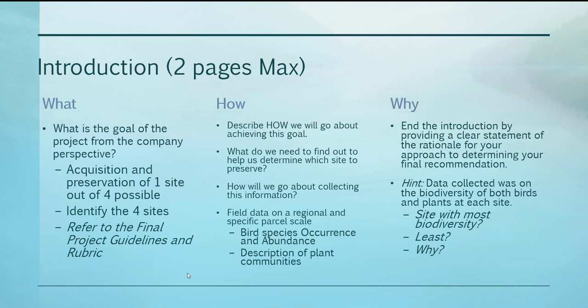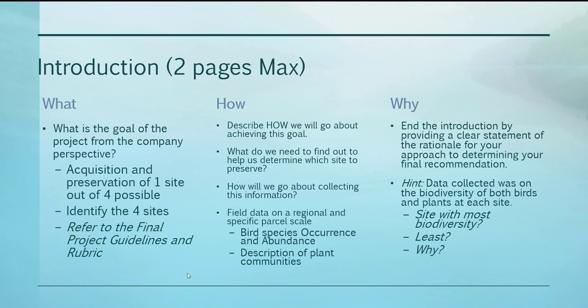Starting with the what: what is the goal of the project from the company perspective? If you take a look at the final project guidelines and rubric, you'll review the purpose of the project. The purpose is to acquire and preserve 1 site out of a possible 4 sites.